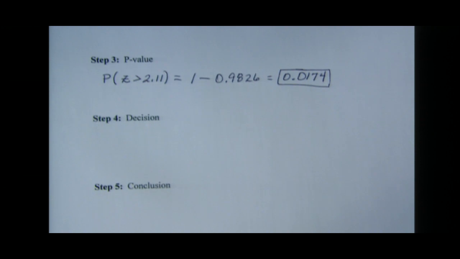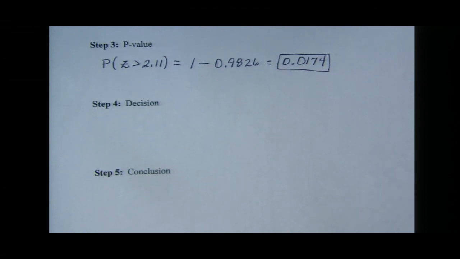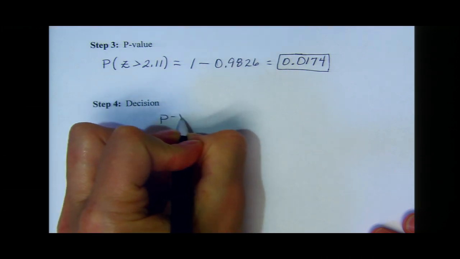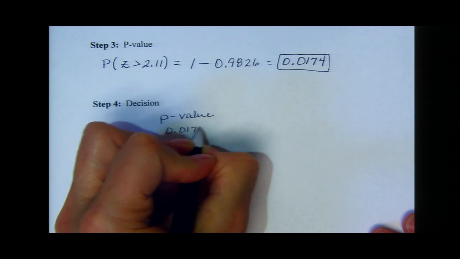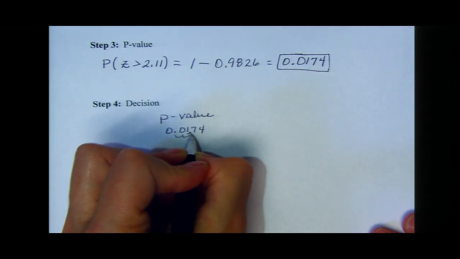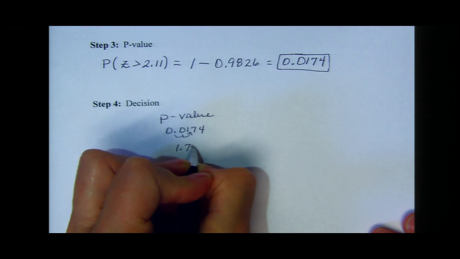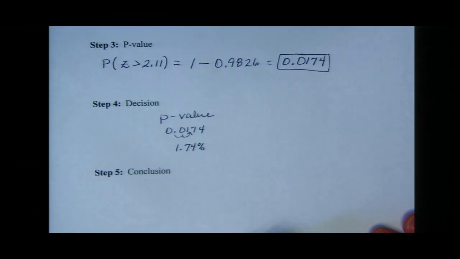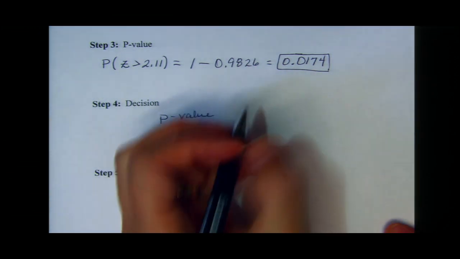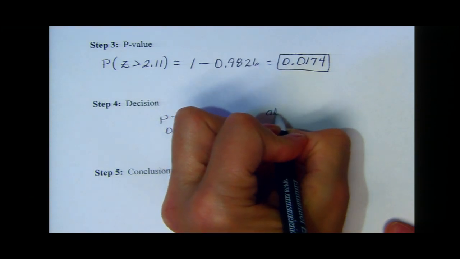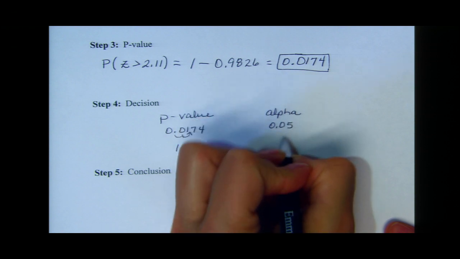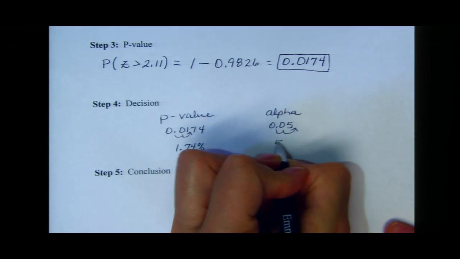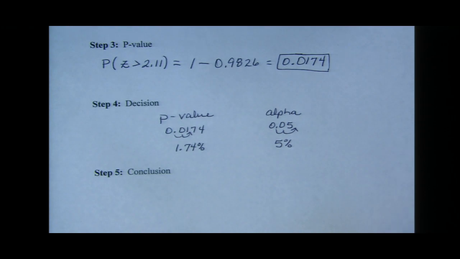All right, now, the p-value is going to help me make my decision because in step 4, we're going to compare the p-value, which is 0.0174. Now I'm going to go ahead and convert that into a percentage because for some students it's easier to compare numbers as a percentage. And we're going to compare that to alpha. And alpha was given as 0.05, and when I convert that, that would be 5%.